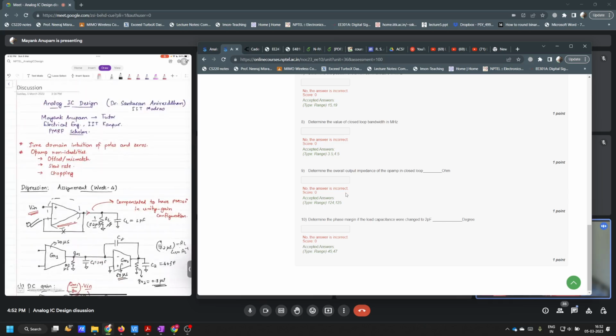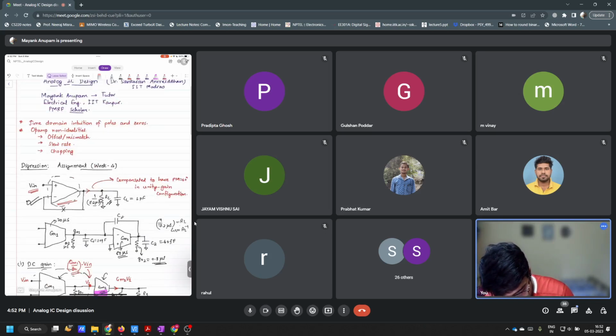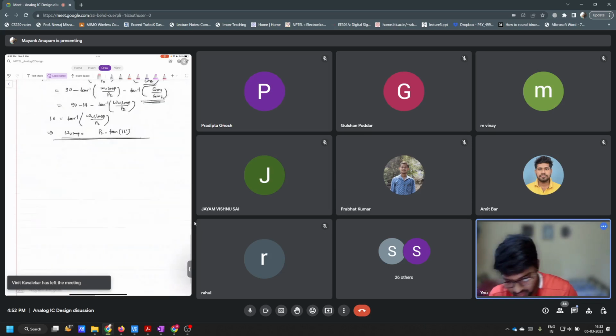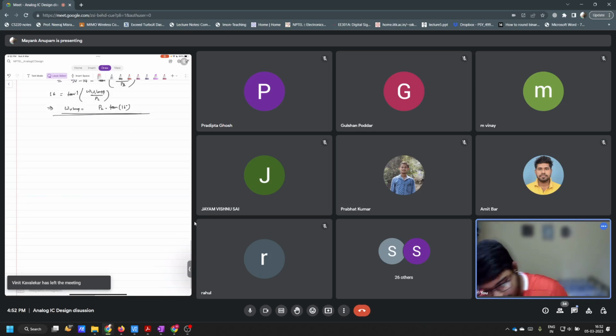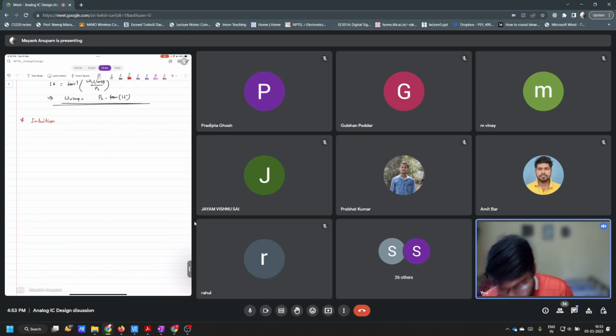Another thing that I want to discuss today is the intuition of poles and zeros. Let's deal with this, or I'll come back to it later.